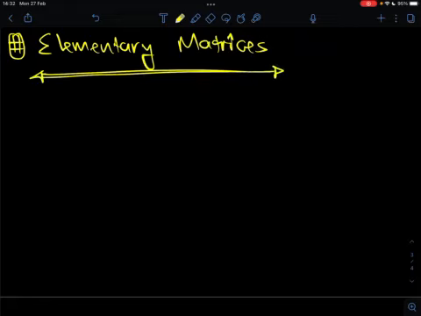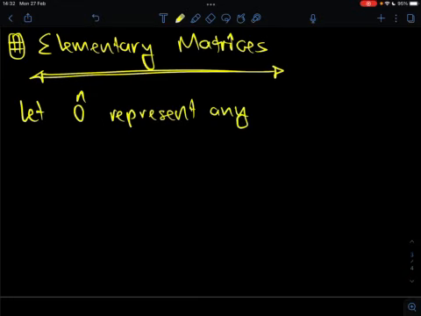So what are elementary matrices? To understand what an elementary matrix is, let's put down some notation. Let O with an arrow represent any row operation.